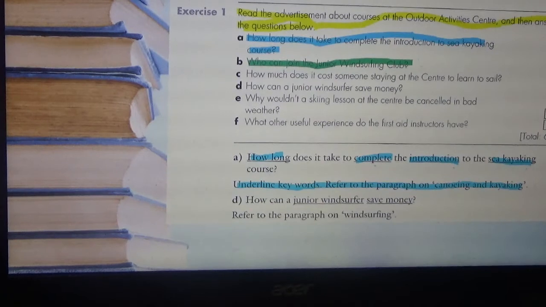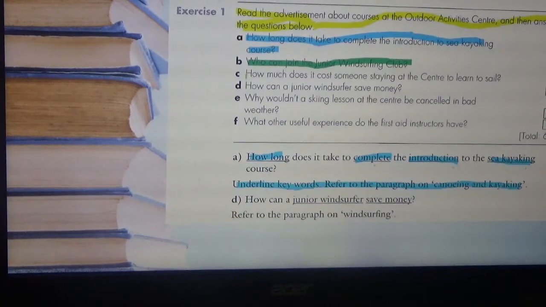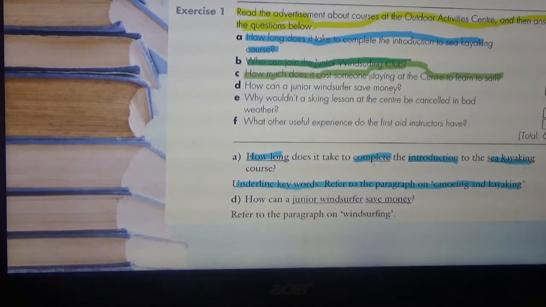Okay. Now let's go to the next question, how can a junior windsurfer save money? We have the guide here. Refer to paragraph on windsurfing. Let's see.